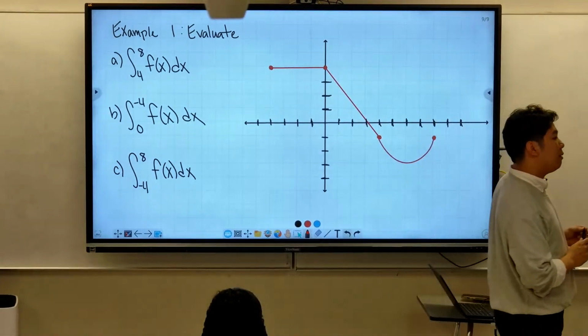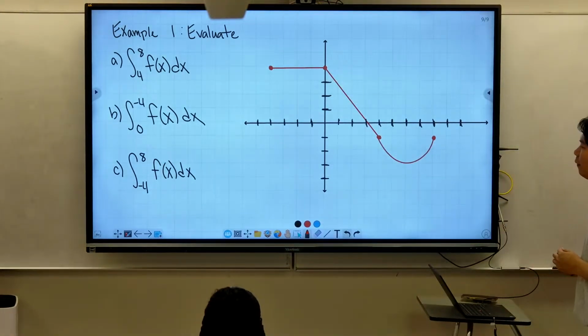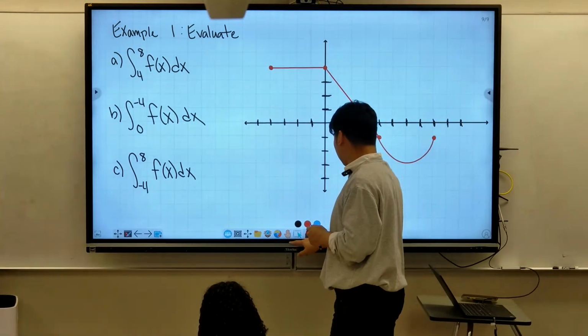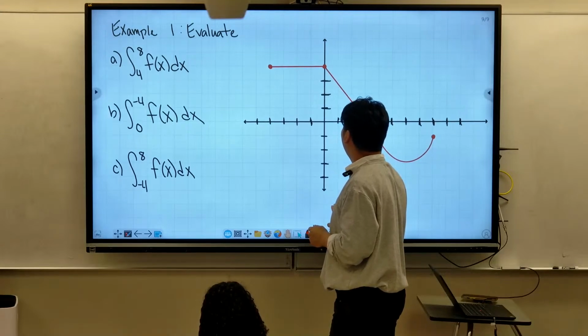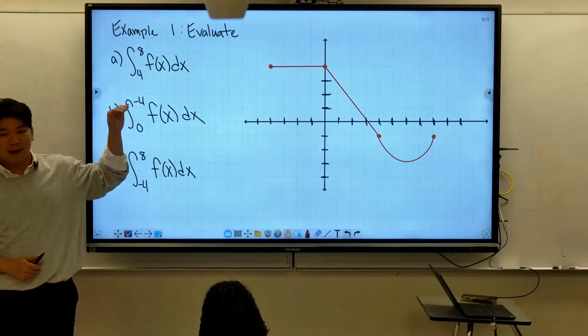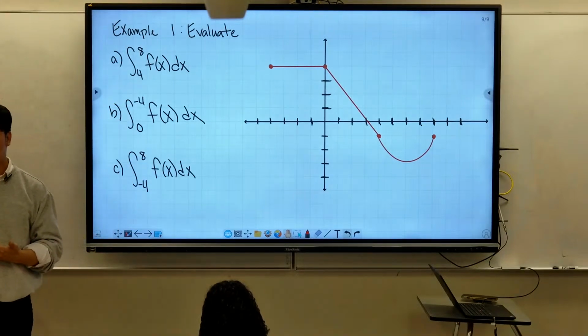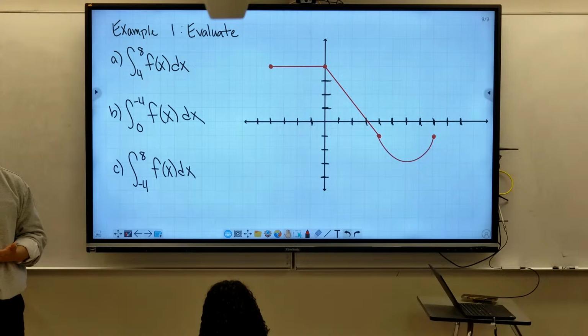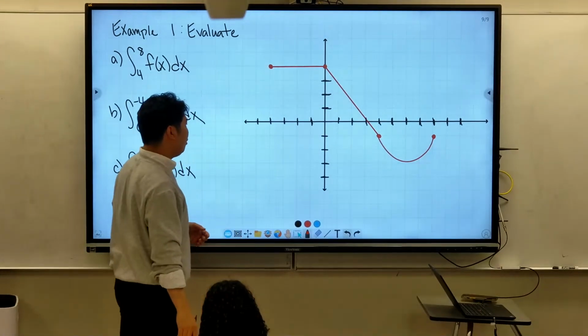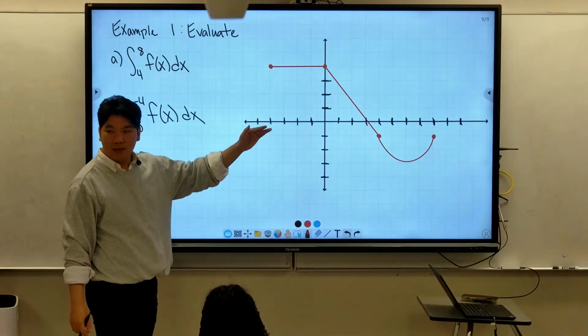Part A says, I want the integral from 4 to 8 of this function that I've drawn. Let me move this up so it's perfectly aligned. So if I have a picture, this is really asking what is the area underneath the curve from 4 to 8. So let's go ahead and mark 4 to 8 on this graph.